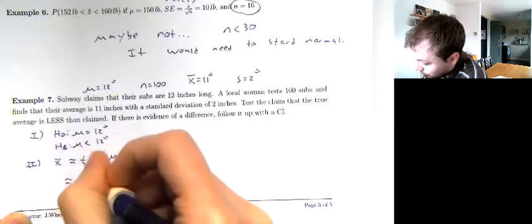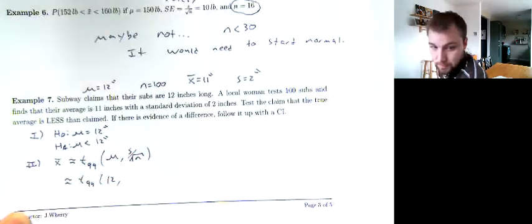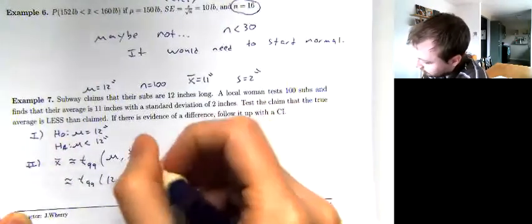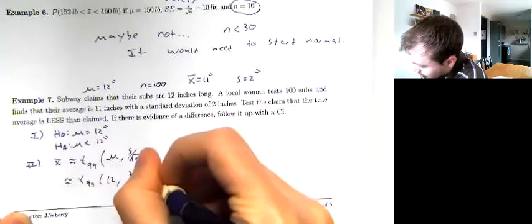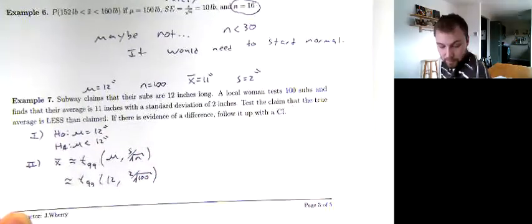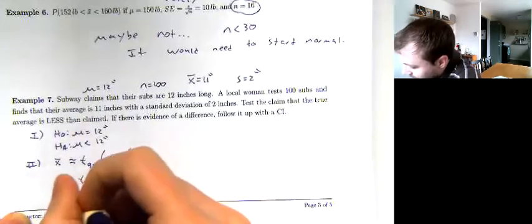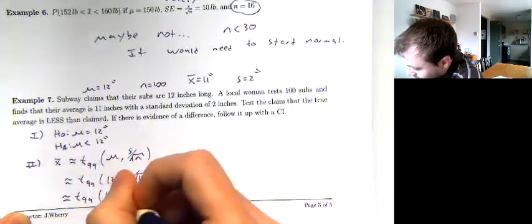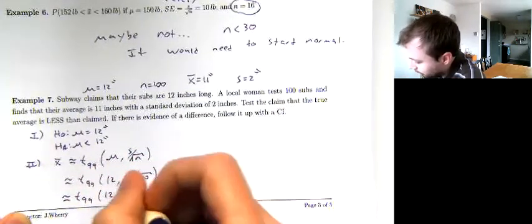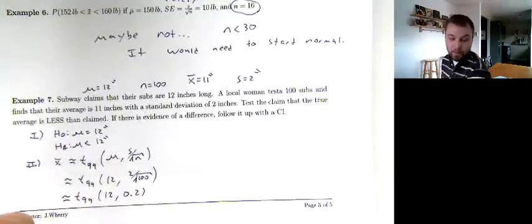Well, my mu is 12 inches. My S is 2. And I'm taking the square root of 100. The square root of 100 is 10. Division by 10 just moves the decimal over, so this is T99 of 12, 0.2. Units in this problem are inches.